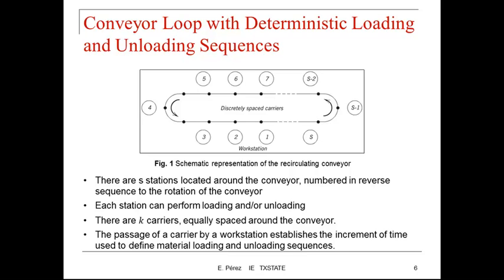We have a conveyor that is moving cars around the stations. The stations are represented by circles. The conveyor is the line with the dots. The dots are representing the cars. And for this type of problem, we were trying to determine the capacity for each car.